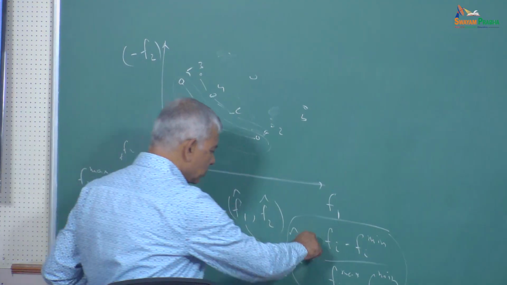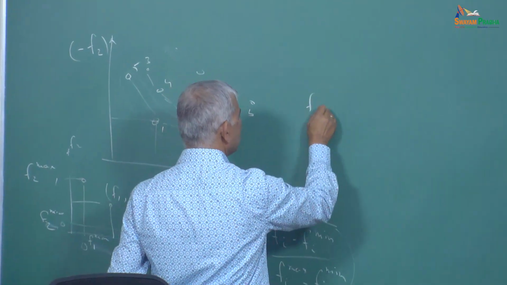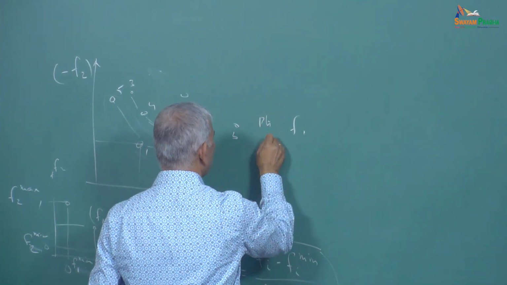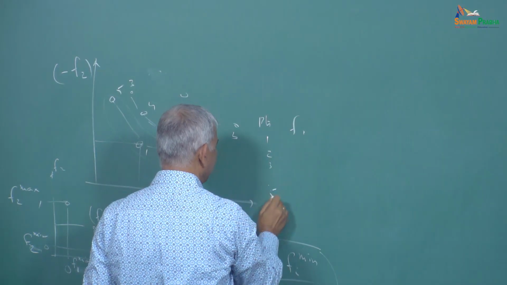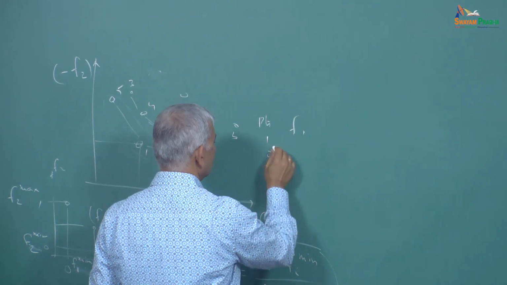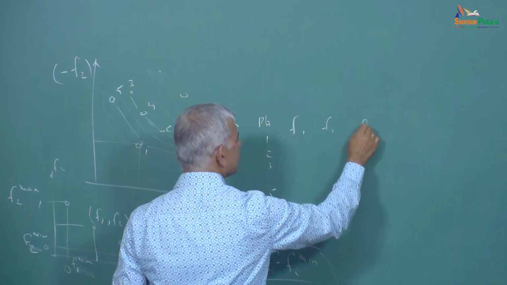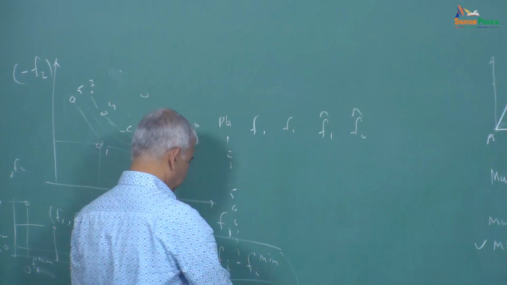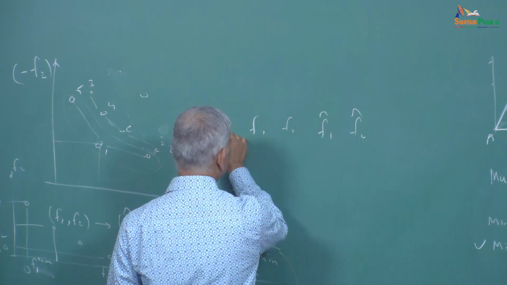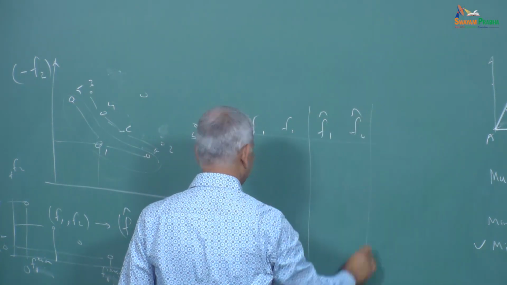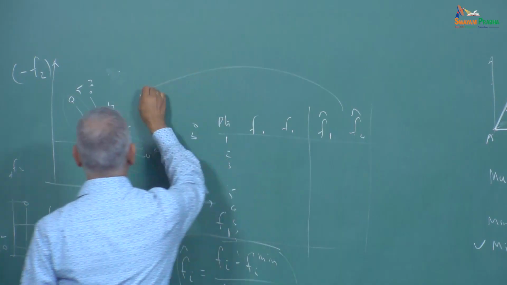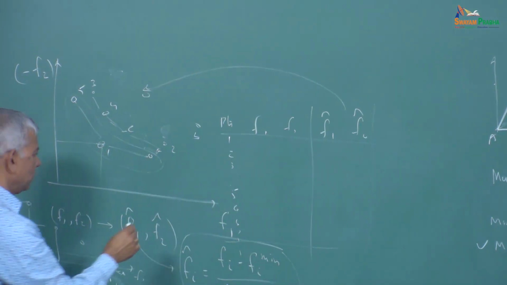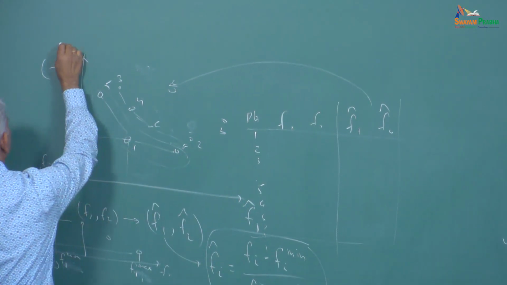So you've got f1, you've got points 1, 2, 3, 4, 5, and then A, B, C, D, E. You have f1, f2 for each of them. First thing you do is compute f1 hat, f2 hat with this normalization. You could do it on Excel. Now make the plot with f1 hat and f2 hat.